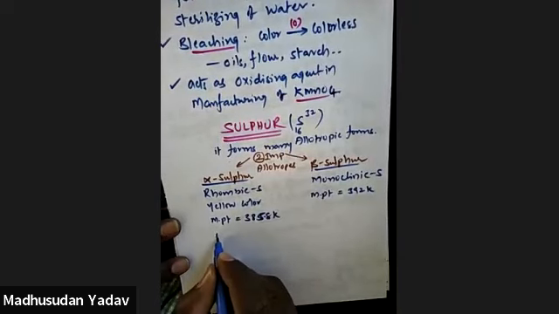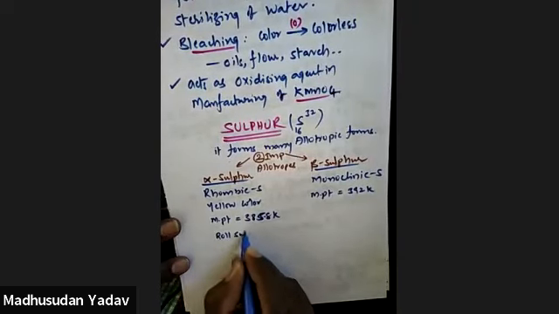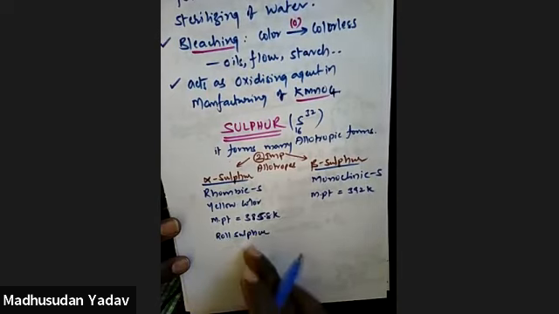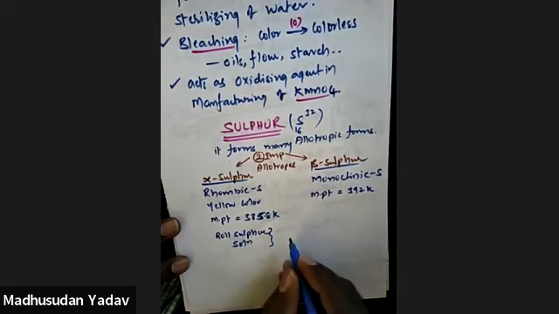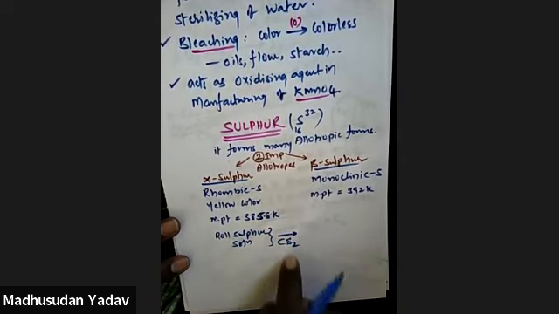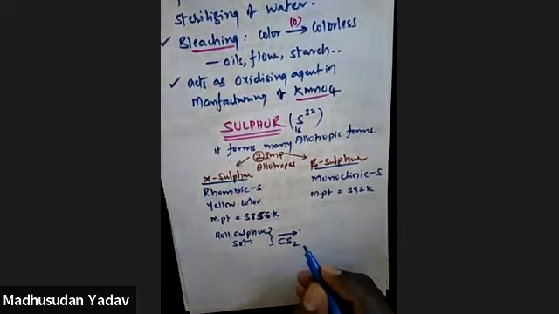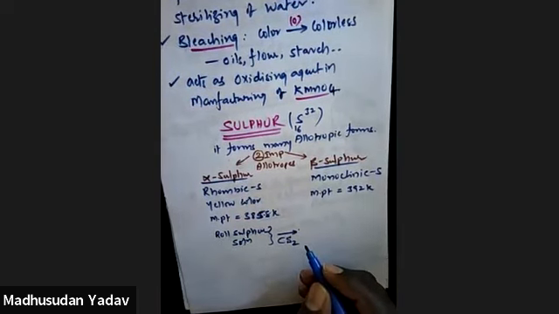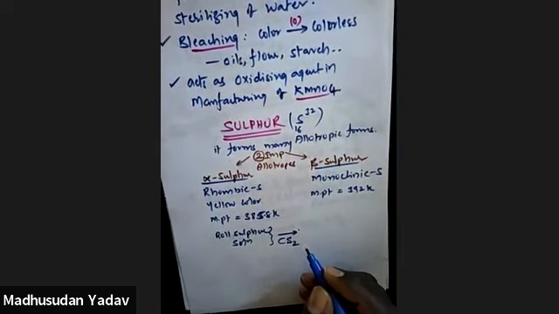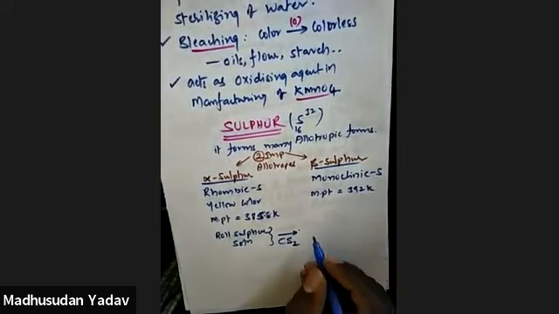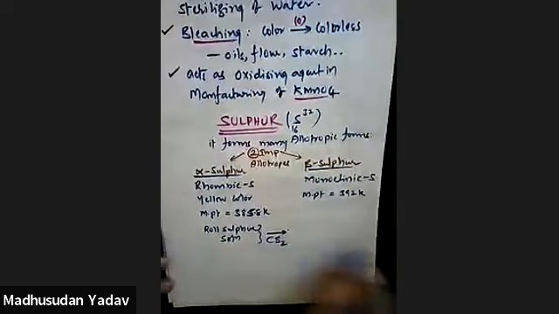Here is how alpha sulfur is prepared. Roll sulfur is one form of sulfur. When a roll sulfur solution is heated in the presence of a non-polar solvent, CS2, carbon disulfide, you will get rhombic sulfur crystals.